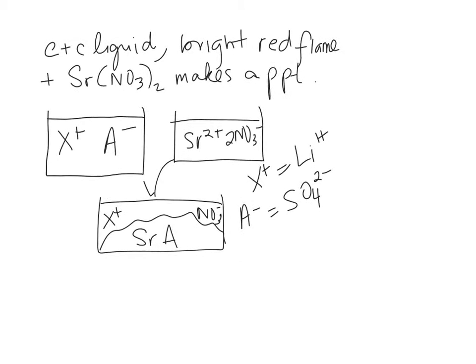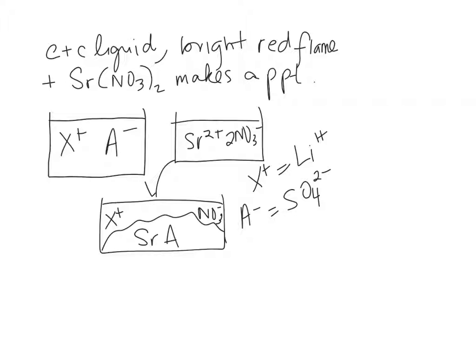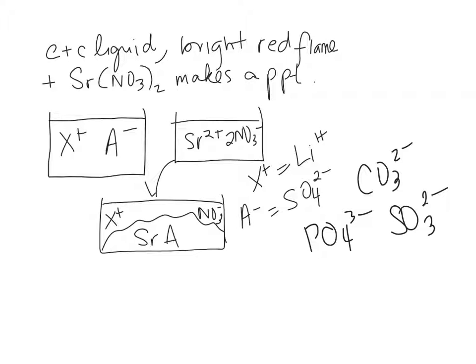This is good. So, A minus could be sulfates. It could also be carbonates, phosphates, and sulfites, because they are the only substances on this table that precipitate out strontium.